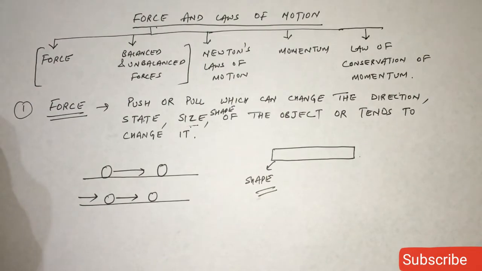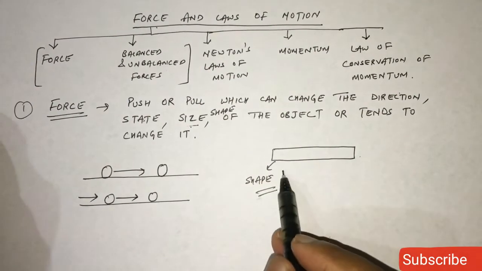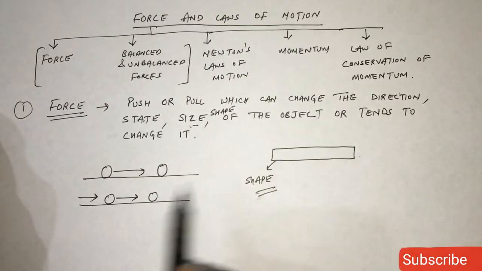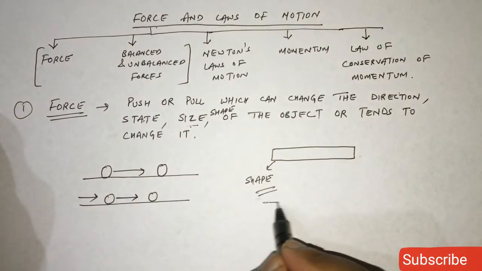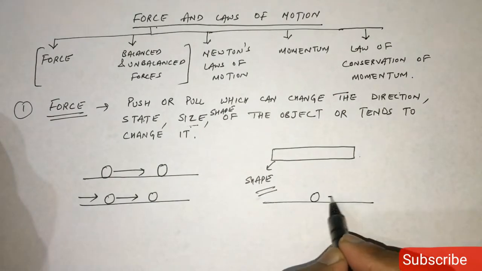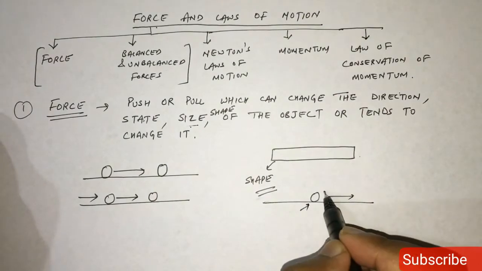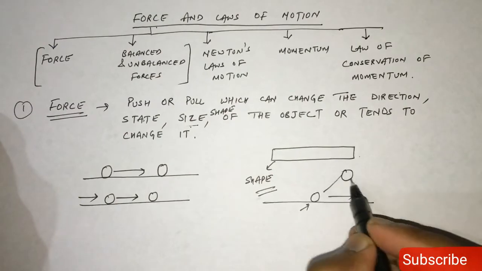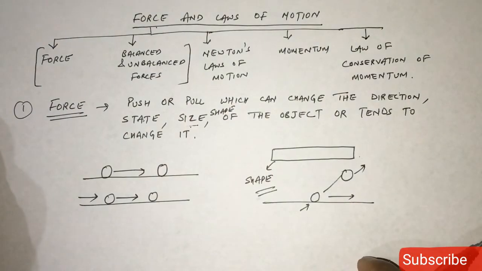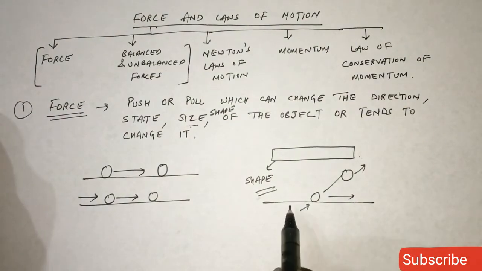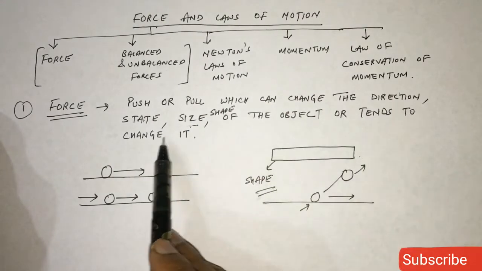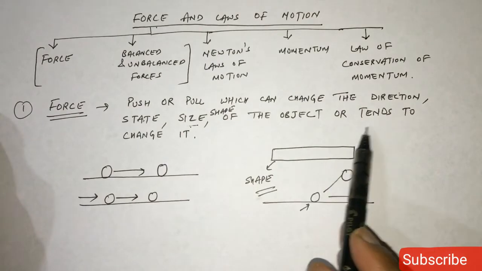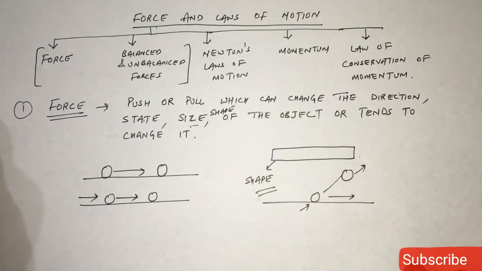So you can change the shape, size, you can change the state of the object. Suppose if the body is moving in this direction, you can apply some force in this direction and you can change the direction of the body. So force is a push or pull which can change the direction, state, size, shape, or tends to change it.